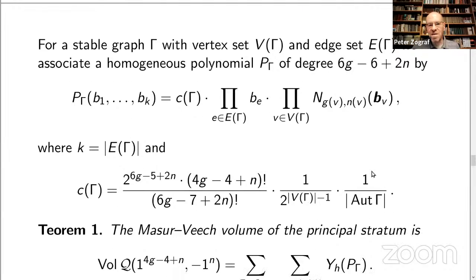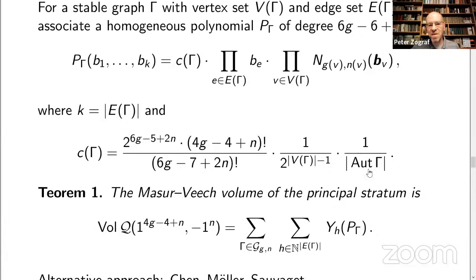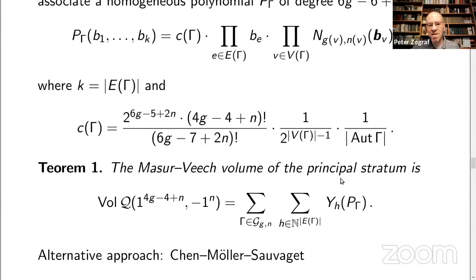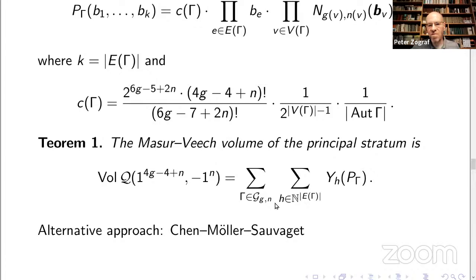So, in terms of this polynomial, the Masur-Veech volume of the principal stratum is given by the formula: the sum over all stable graphs of genus g with n legs, and overall, the sum over all sets of heights of the operator Y_H applied to the polynomial P_gamma.